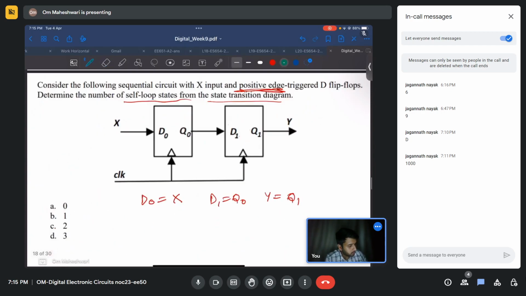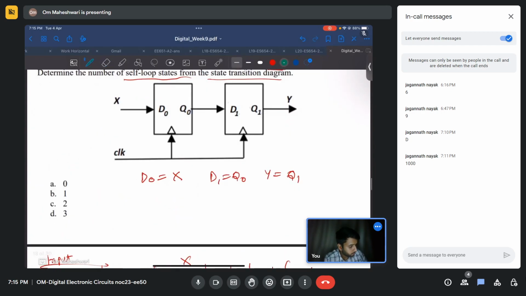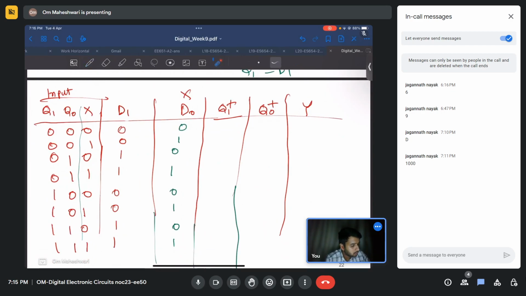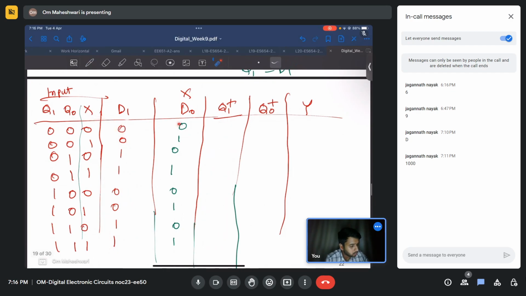So these are D flip-flops, right? So Q n plus 1 is D. So Q0 plus will be D0, Q1 plus will be D1. So this whole row will copy here, and this whole row will copy here.